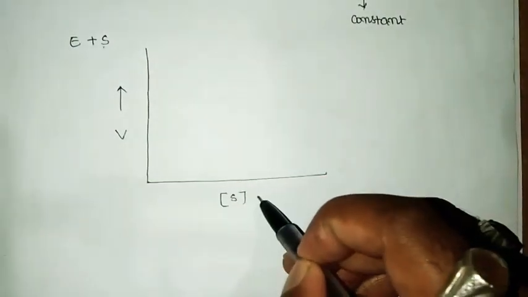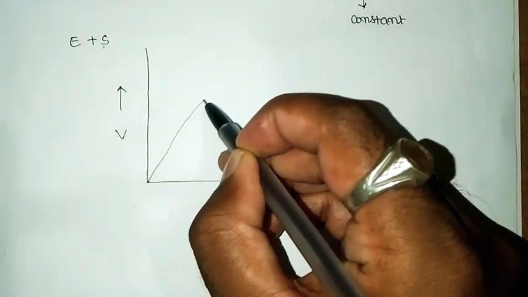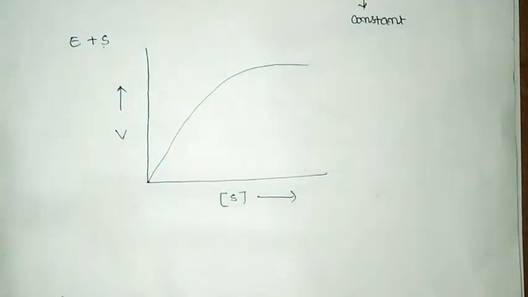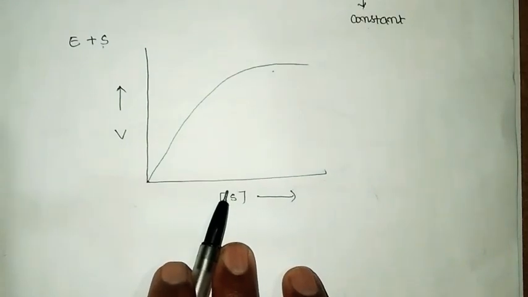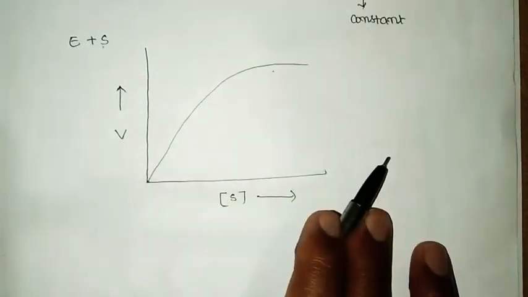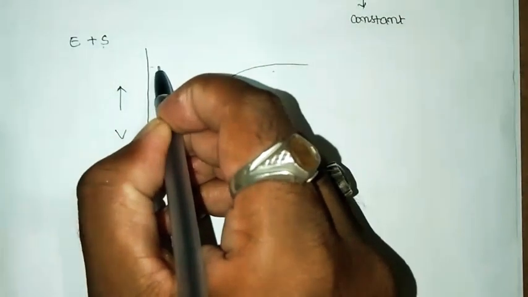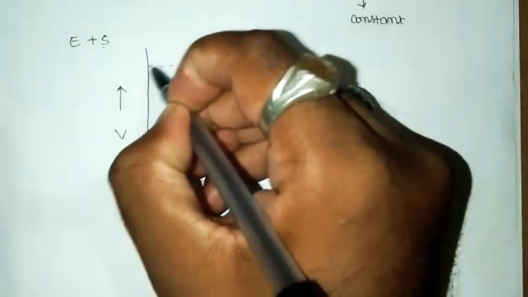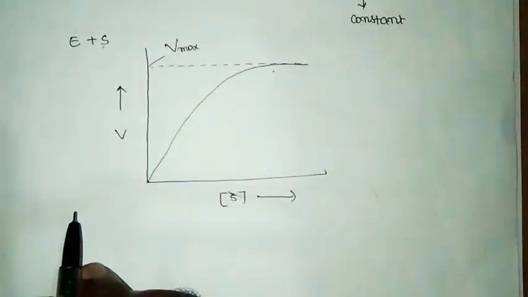So with increase in the concentration of substrate, the velocity also increases, but once it reaches a maximum, further increase in the concentration of substrate won't alter the rate of the reaction, so this will be the maximum velocity of the reaction.